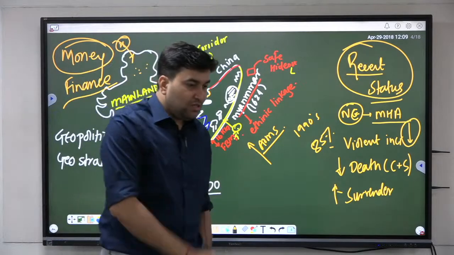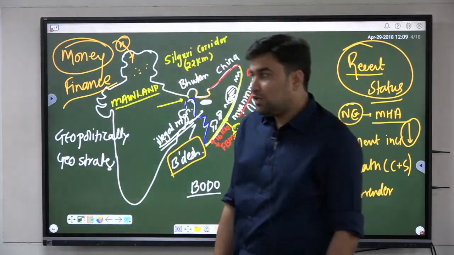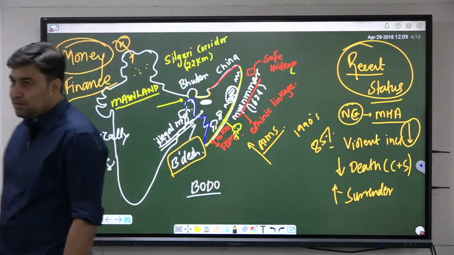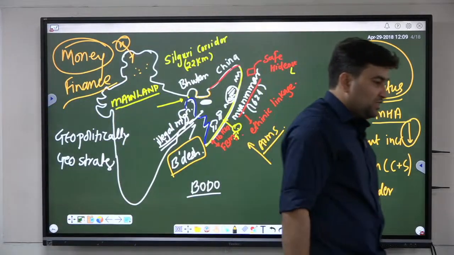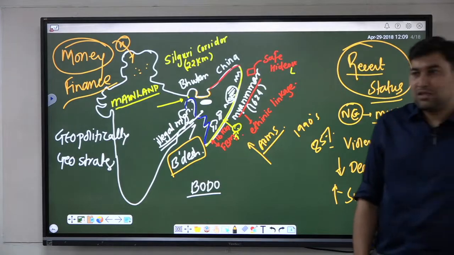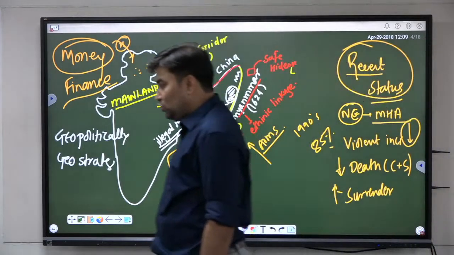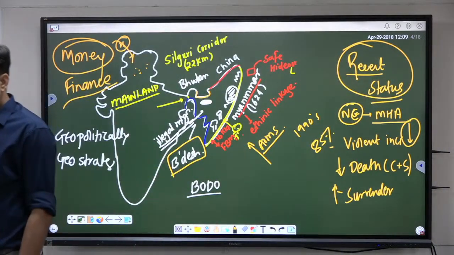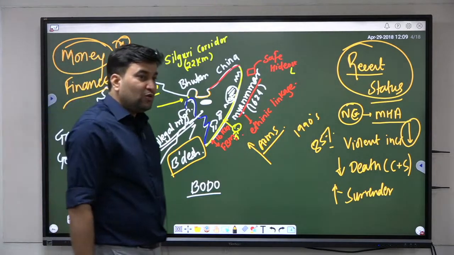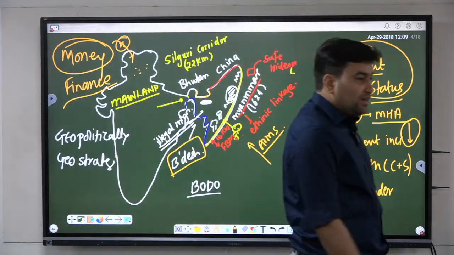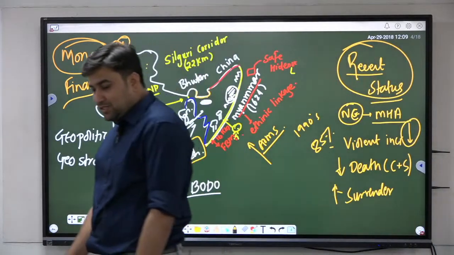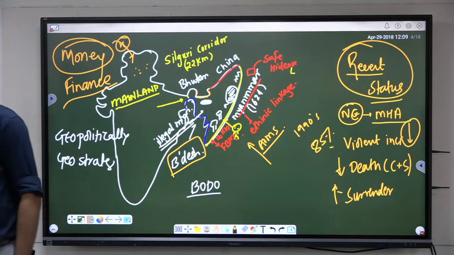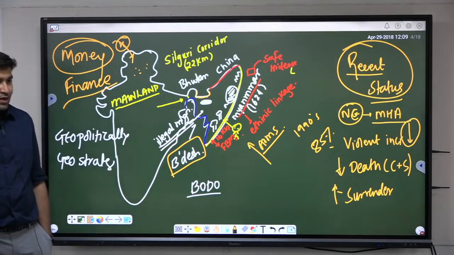It is essential to stop these finances to curtail insurgency and any form of violence. Correct?